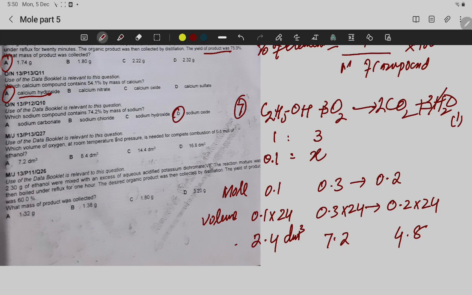So the question asks you to calculate which volume of oxygen at room temperature and pressure is needed for the complete combustion of 0.1 mole of ethanol. So this is 7.2 decimeter cube. The A option is correct.